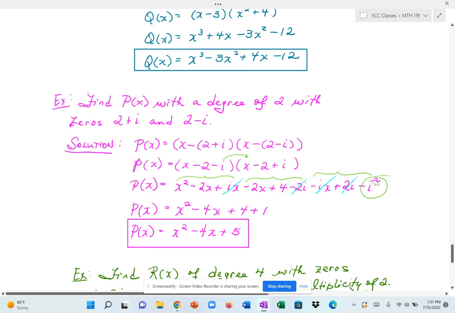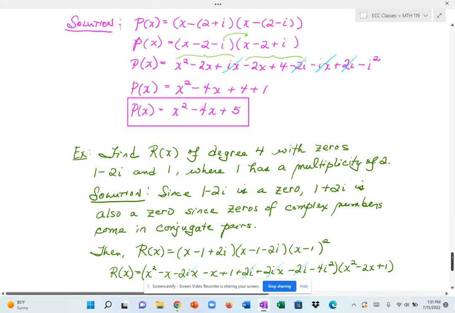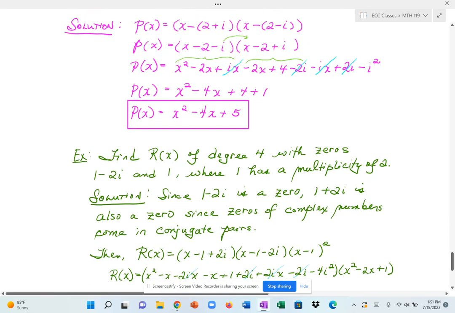Okay, so here's another one. We want to find r of x of degree 4 with zeros 1 minus 2i and 1, where 1 has a multiplicity of 2. So I should have 4 in total. Here's 1, and this one has a multiplicity of 2, so I only have 3, but you need to have 4 in total.